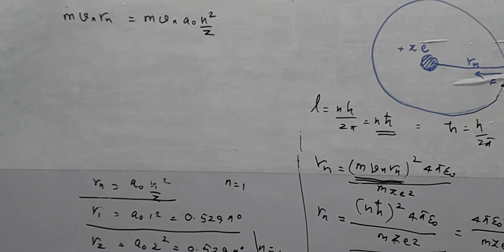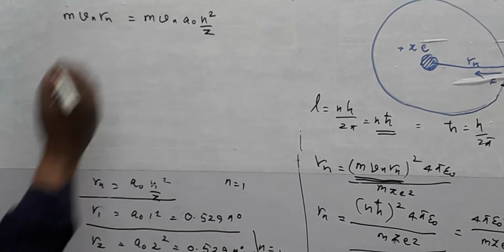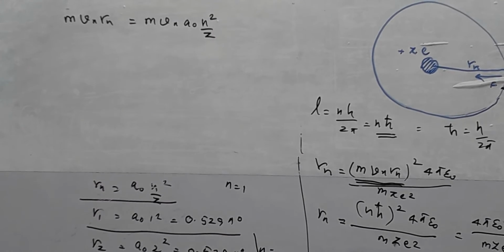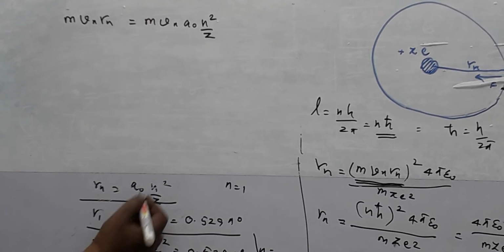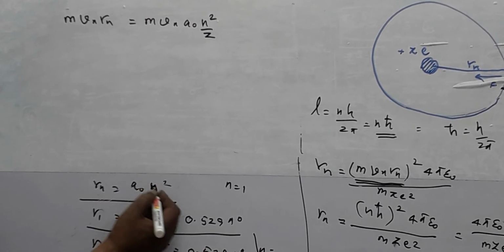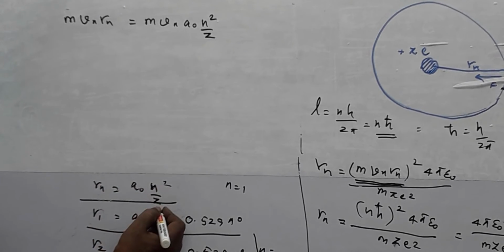In the last column, near the figure, the equation given is mvn A0 n square, but that is wrong. You have to divide by Z itself, because the Rn value is nothing but A0 n square by Z.